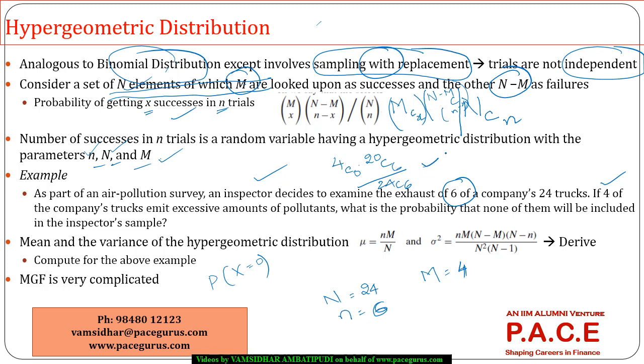So this is the probability that none of those 4 trucks which are emitting high amounts of pollution are included as a part of the selection. So this kind of example forms the hypergeometric distribution.